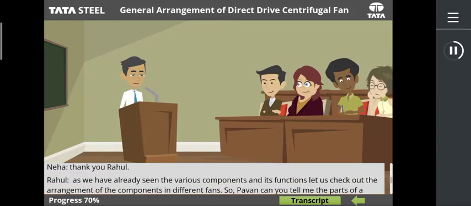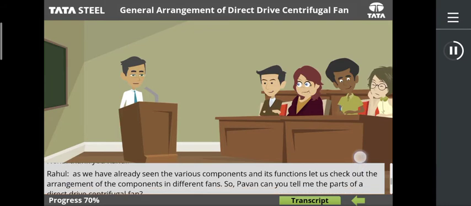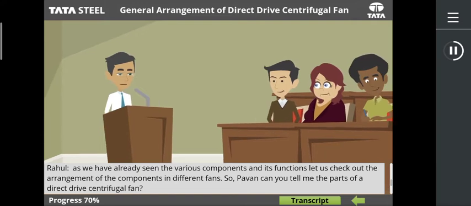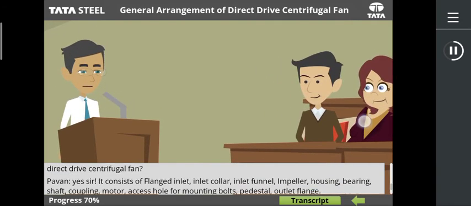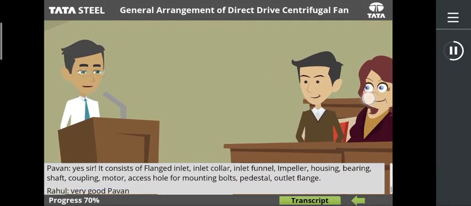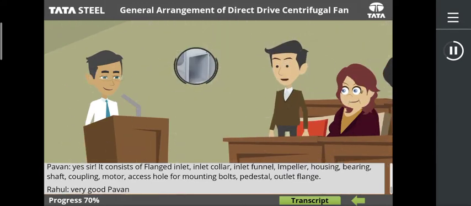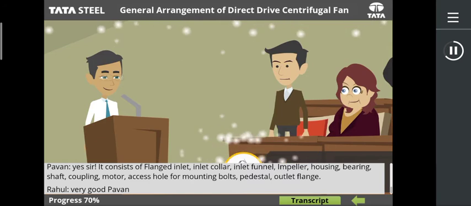As we have already seen the various components and their functions, let us check out the arrangement of the components in different fans. So, Pavan, can you tell me the parts of a direct drive centrifugal fan? Yes, sir.